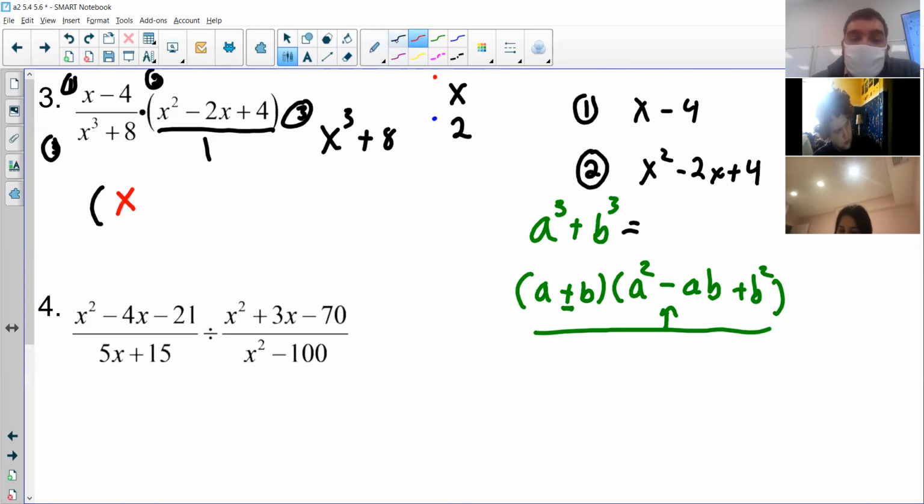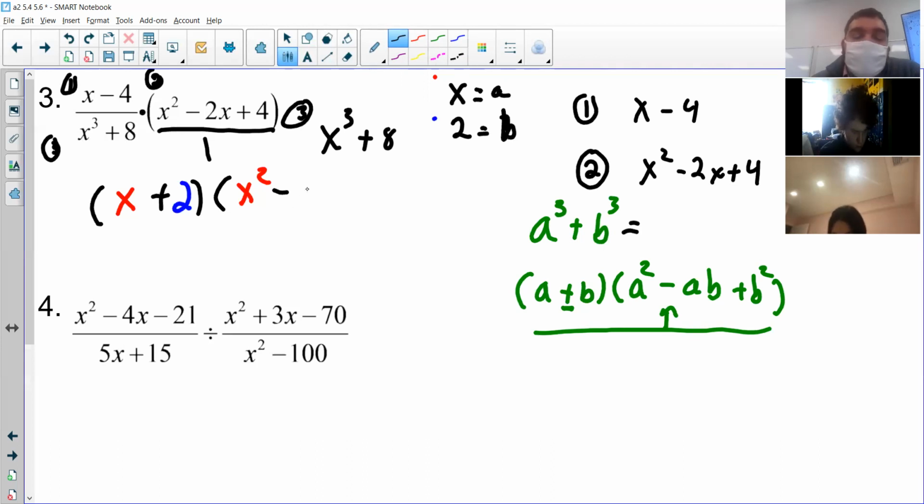So x plus 2 times x squared minus ab. So a would be x and b would be 2. a times b, or x times 2, is just 2x. And then 2 squared would be 4.